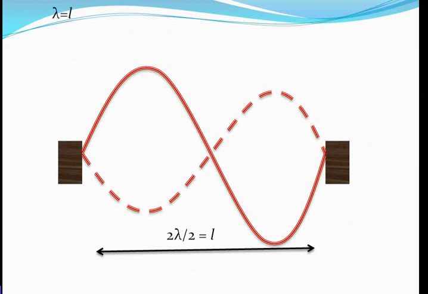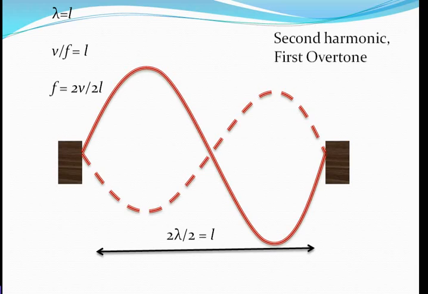That means lambda equal to L, or F equal to 2V by 2L. In this case, the frequency required to generate 3 nodes in total and one node in between is called the second harmonic or the first overtone. You will have to remember these terms because they are important.